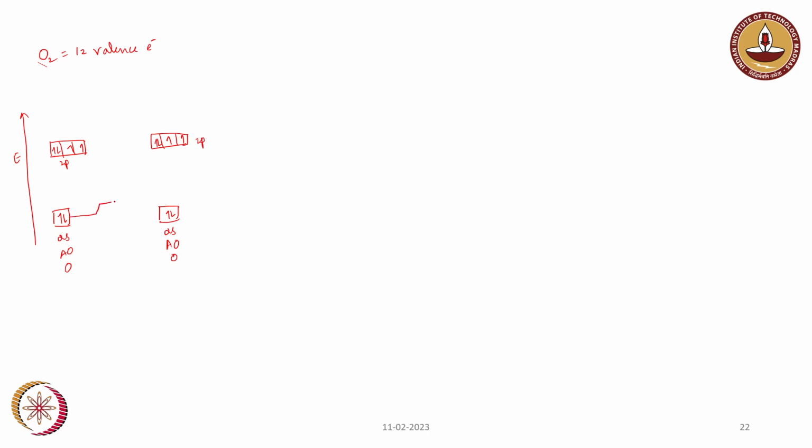So the two s orbitals combine to give one sigma 2s and one sigma star 2s.